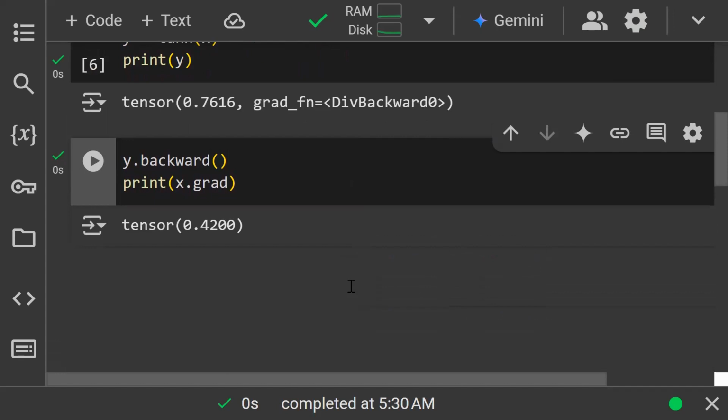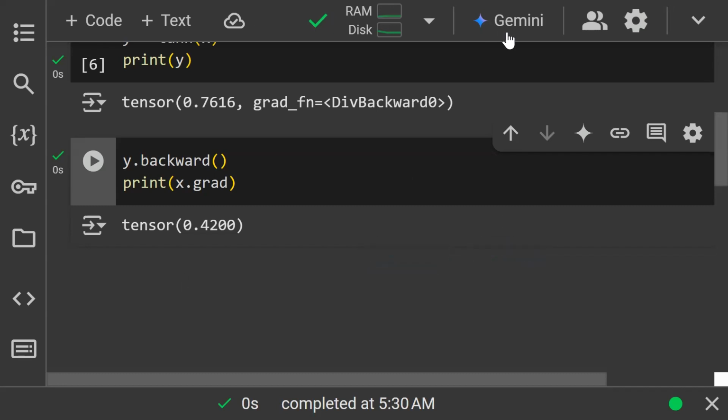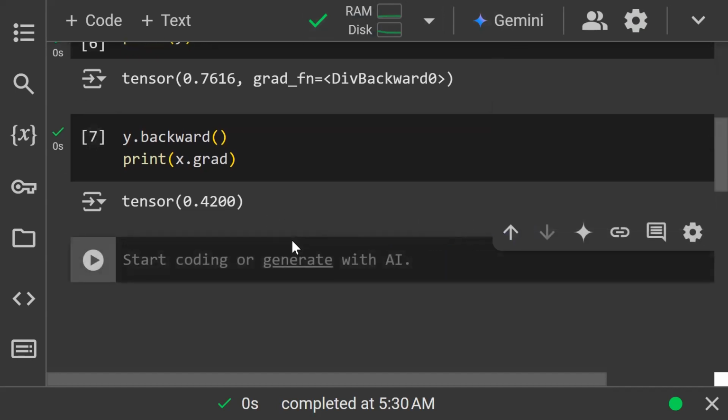Now, this is the usual way of computing the backpropagation. And then we'll start from here. We're going to look into the ways of computing the automatic differentiation. But before we get there, one important note is that y.backward is for one-time use only.